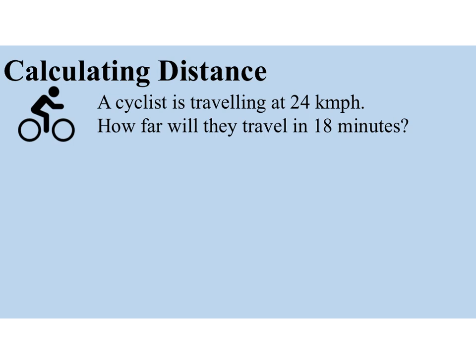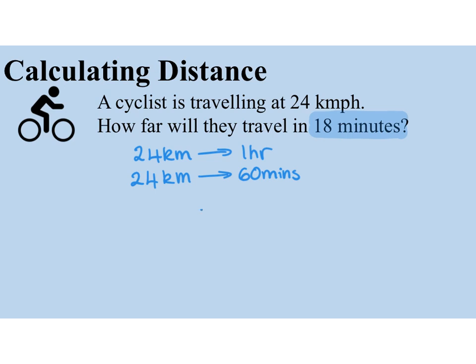One last question. We've got a cyclist. They're travelling 24 kilometres every 1 hour. This is the same as the cyclist doing 24 kilometres every 60 minutes, because 1 hour has 60 minutes in it. The problem we have here again is that we didn't look at what fraction 18 minutes was of a whole hour.